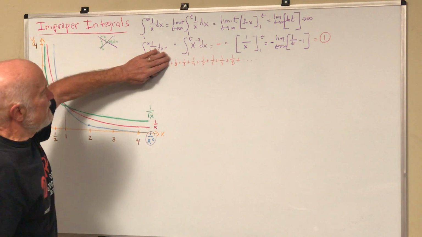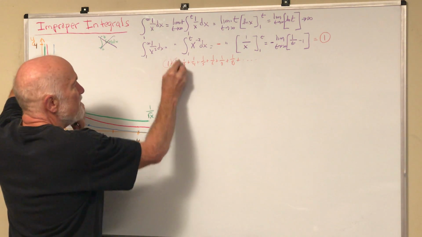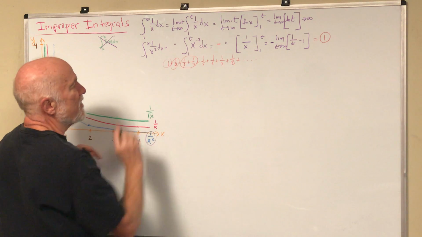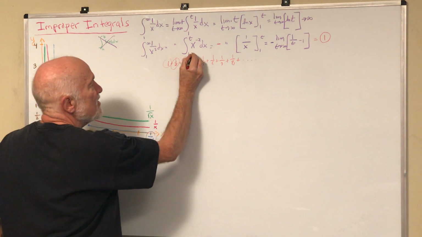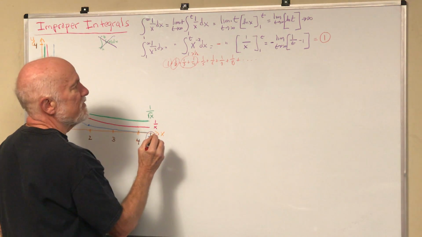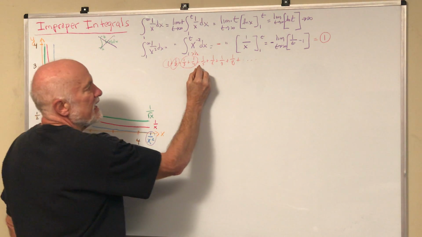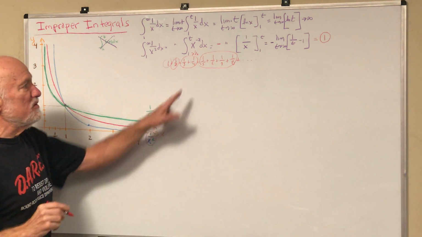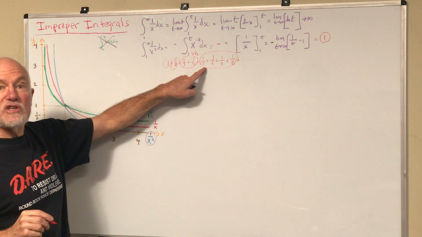Well, 1 is a number, 1/2 is a number, and if you take 1/3 plus 1/4, since 1/4 plus 1/4 would be a half, we could see that this is greater than a half. If we take 2 of these and put them together, and you can keep doing this. If you take the next 4 things and put them together, this is going to be bigger than 4/8, which is bigger than a half.